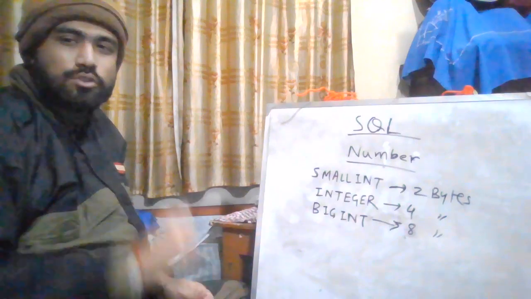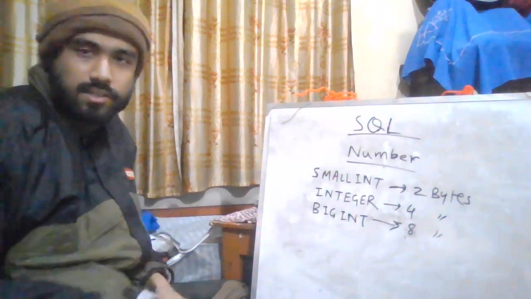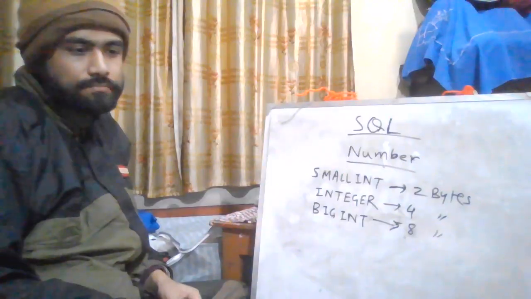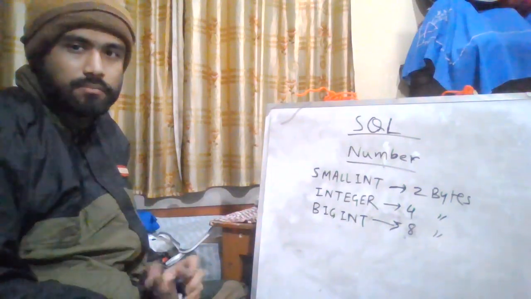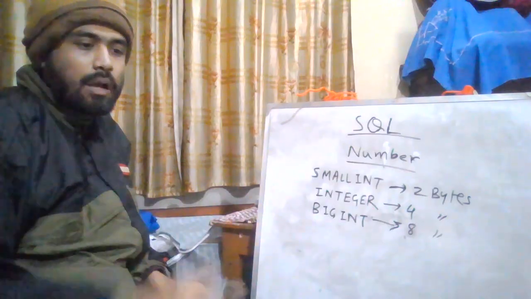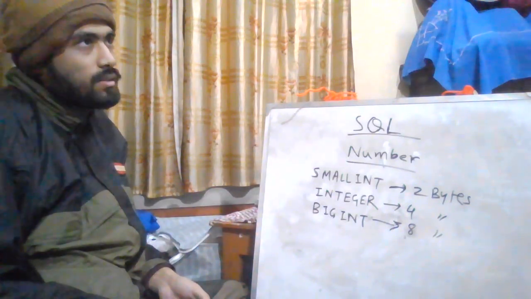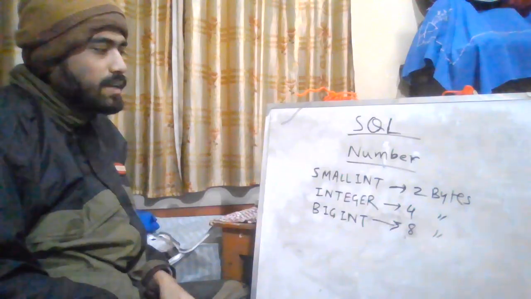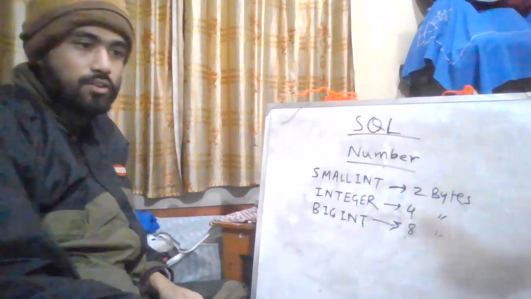So 1 byte equals, say, 32,768. That you can calculate, the range of 1 byte. Now it is 2 bytes, that is why we can write from negative to positive. Now in integer the range will be much bigger. It is not double.